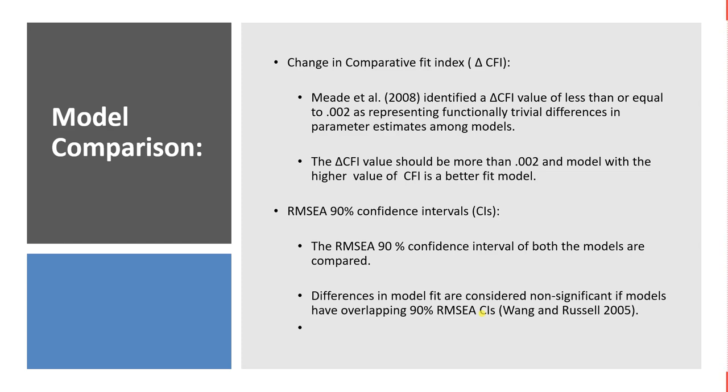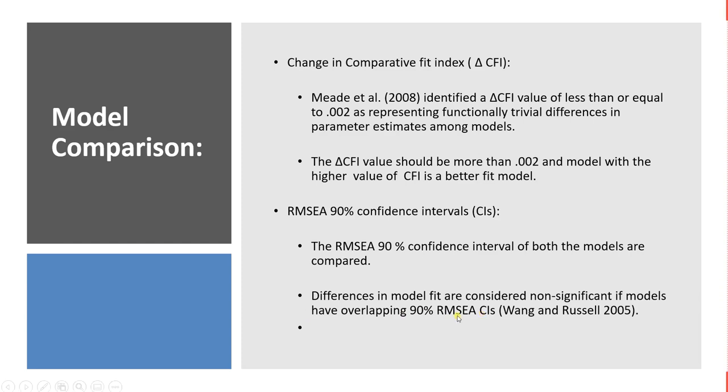Similarly, another approach to comparison is using the root mean square error of approximation, RMSEA, 95% confidence intervals. If the 95% or 90% confidence intervals of the two models do not overlap, then the models are significantly different.